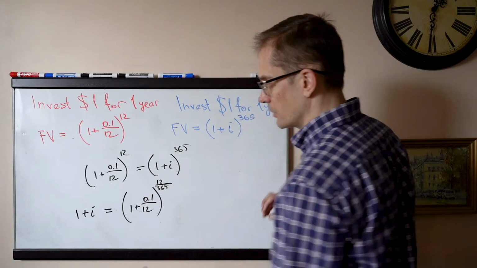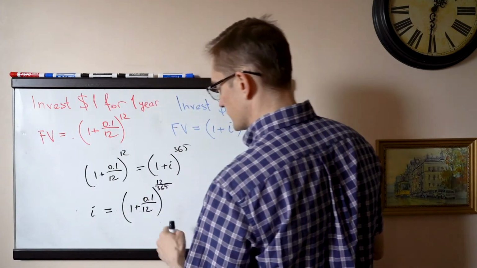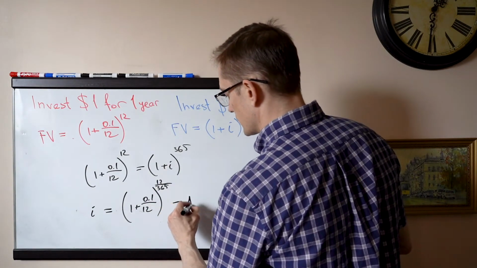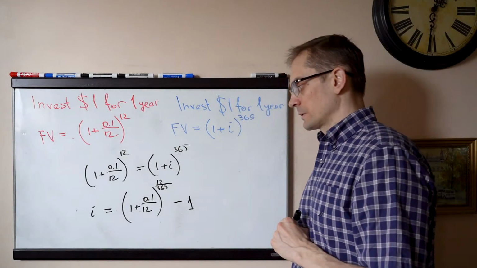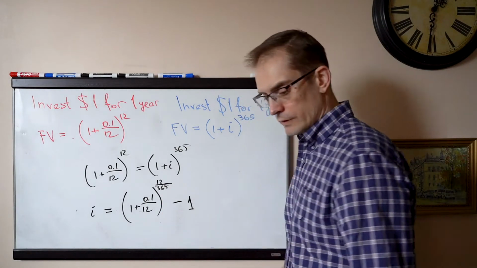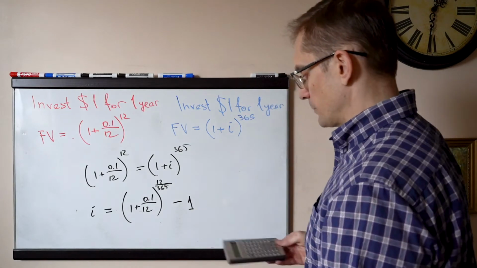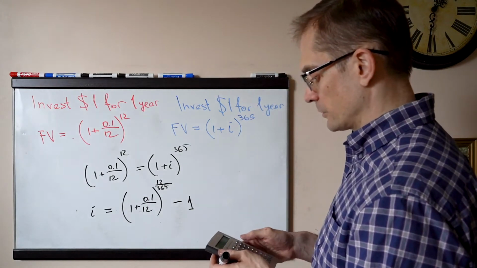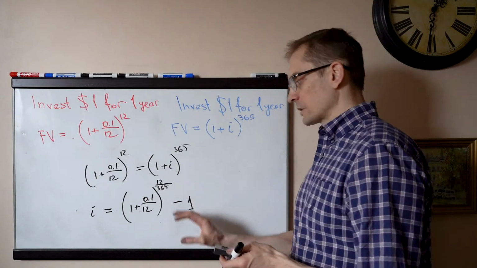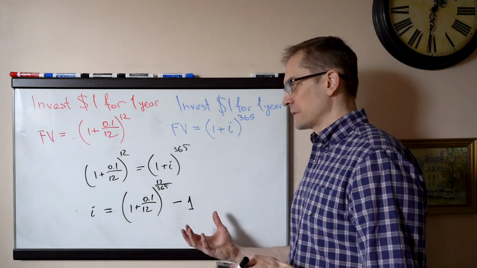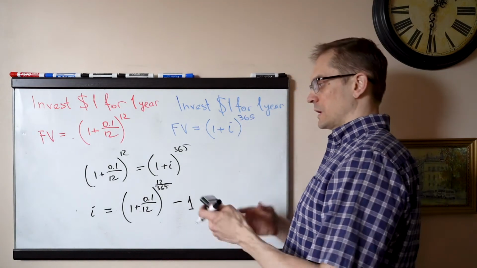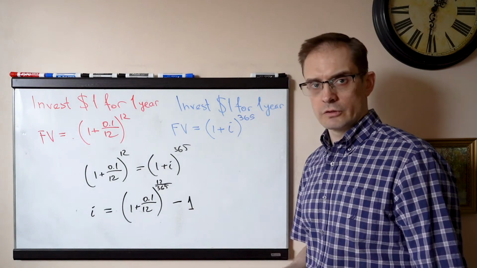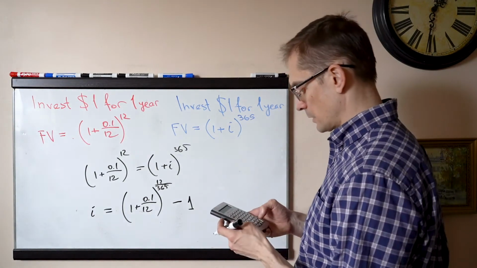So from here we'll find our I, which is this minus 1. And that's how we find this periodic rate, which is equivalent to another rate. So let's calculate this. Let's find the answer, and then we'll proceed to speaking about a general formula that you can use in your problem solving.